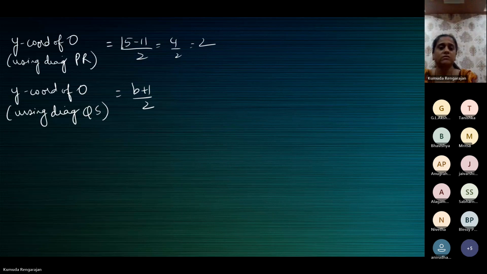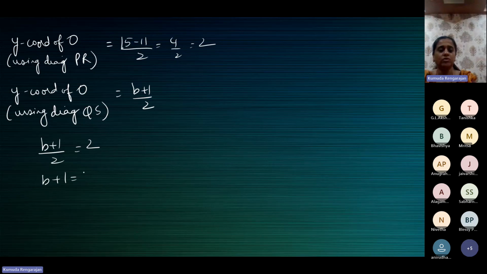So both are the same, the y coordinate of O. So clearly, b plus 1 by 2 is equal to 2. So b plus 1 is equal to 4. B is equal to 3. So these are the values of A and B. We can do it in one step itself. I'll show you that in the next class.